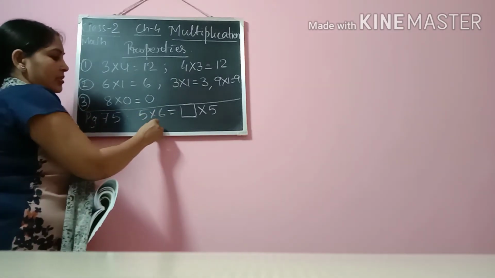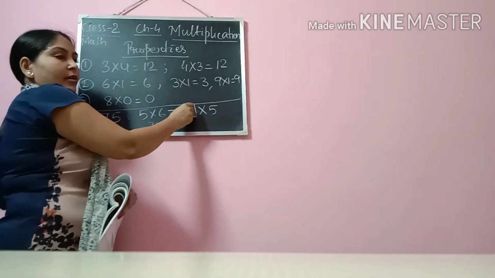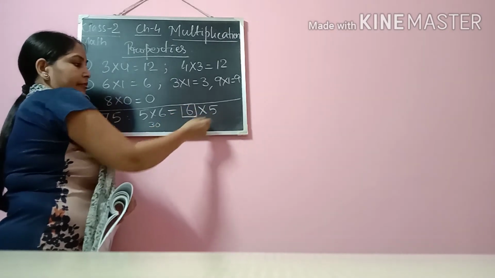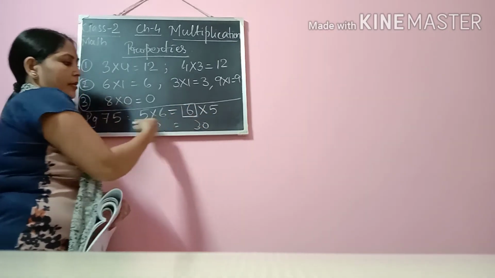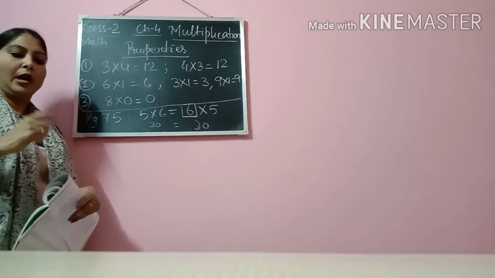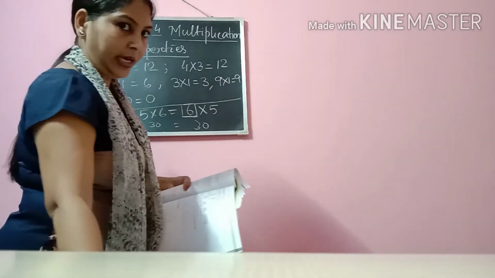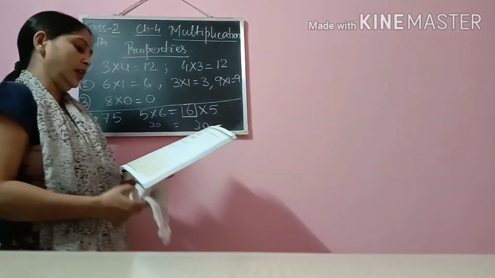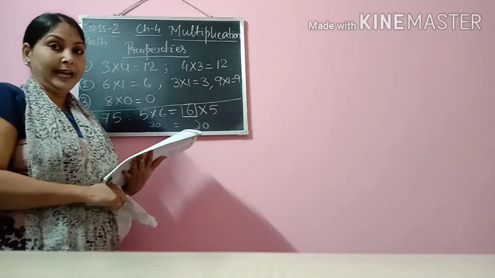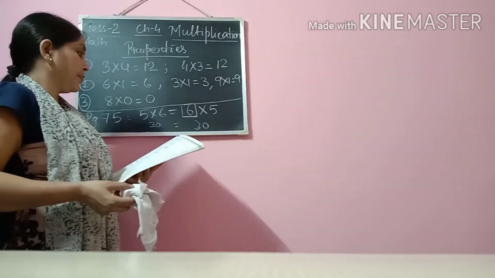So 5 into 6 is 30. And here 6 into 5 is also equal to 30. Both the same. So we are just changing the order. Okay. So this question relates to the first property.